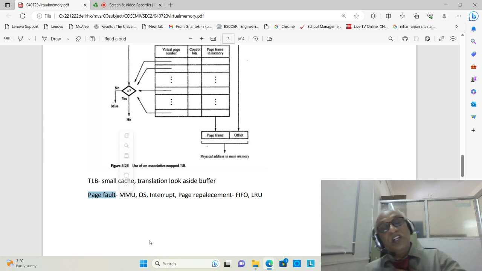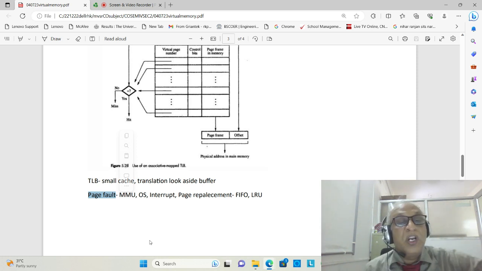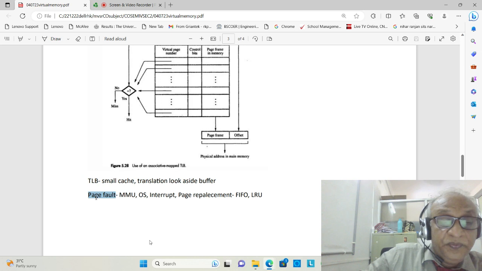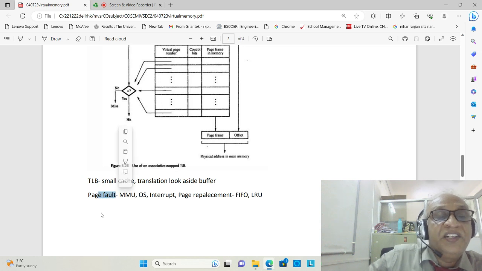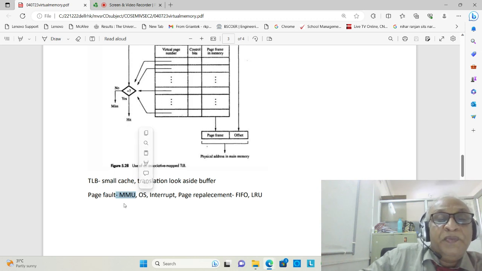For executing a program, the program is to be brought into the main memory. The program cannot be brought into the main memory completely, so part of the active program is brought. Whenever the CPU does not find a page that is required for execution of the program, it raises a page fault. Then the MMU, the memory management unit, will intimate the OS.